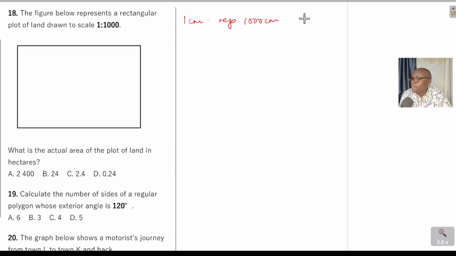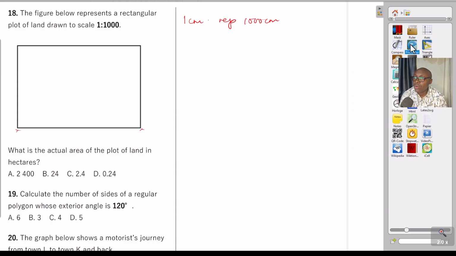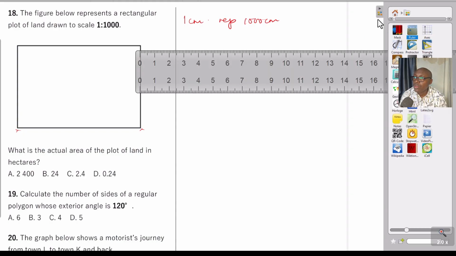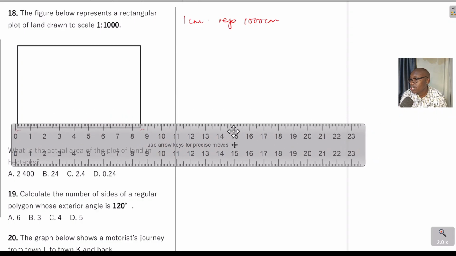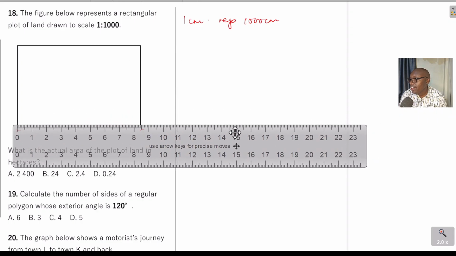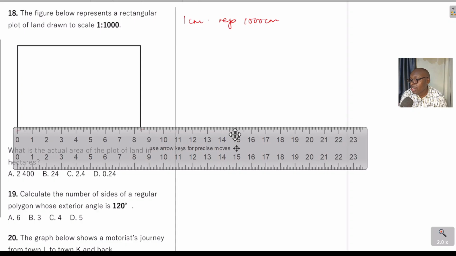You need to get the actual area of the land in hectares, so you need to get these measurements. I may not get the same measurement as you simply because I'm using a page that is zoomed. It might not be the exact one you get on your paper, because I've zoomed my page and therefore the diagram is distorted.